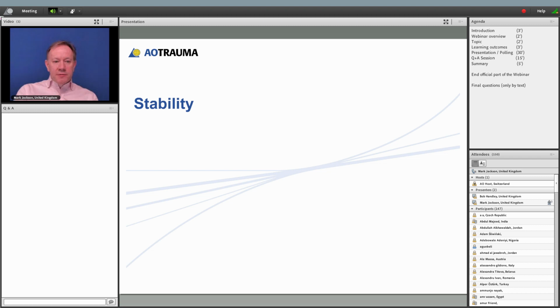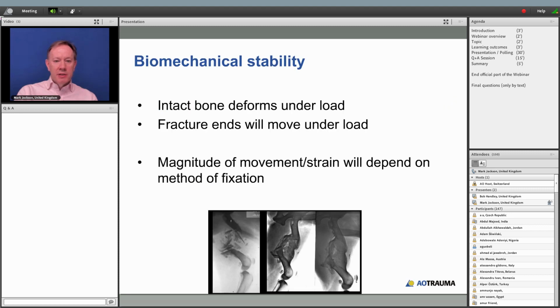So what is the influence of stability upon this process? Well, it's fundamental in our treatment of fractures and how we can influence it. What we know is, as bone is loaded under physiological conditions, it will bend, it will deform. Normally that's relatively small amounts, and in absolute terms it's probably about 600 microstrain, so a very small amount.